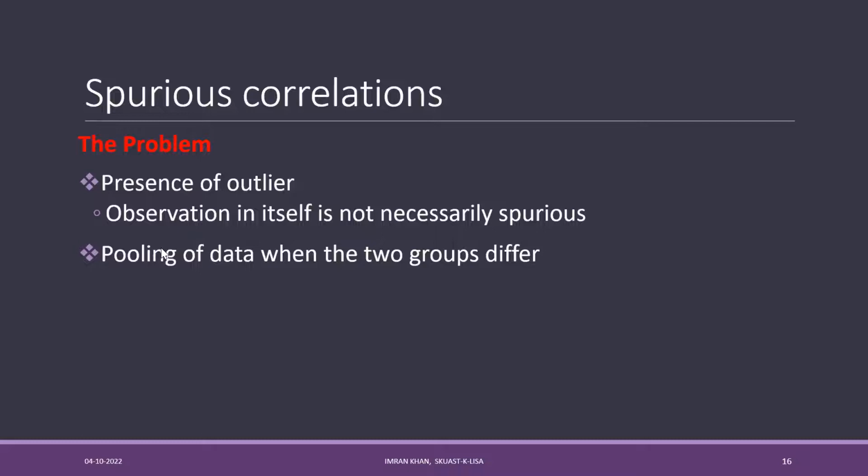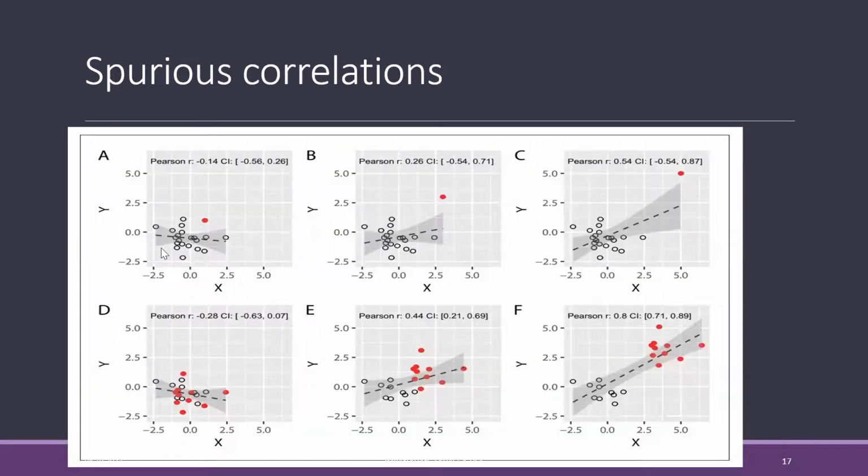Spurious correlations most commonly arise if one or several outliers are present for one of the two variables. This is a graphic which shows the impact of the outlier, which leads to the spurious correlation.